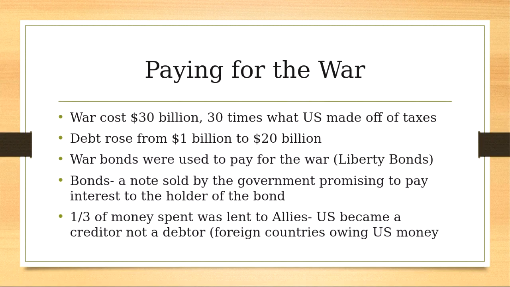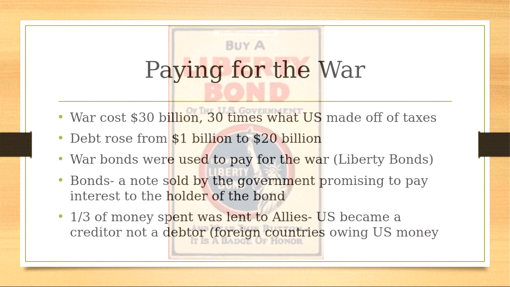Now, with a bond, you're the bank and the government is asking you for money. You let them borrow money, they pay you back with a certificate of a bond, and the longer you have it, the more money you make in interest. So that helped pay for the war.